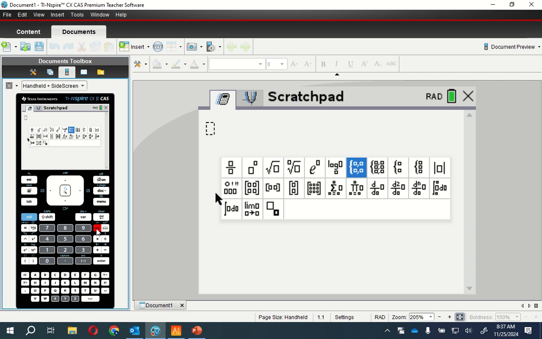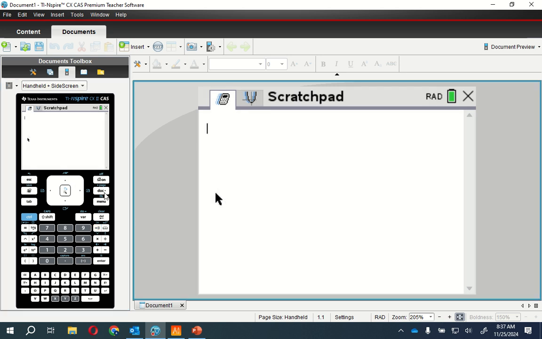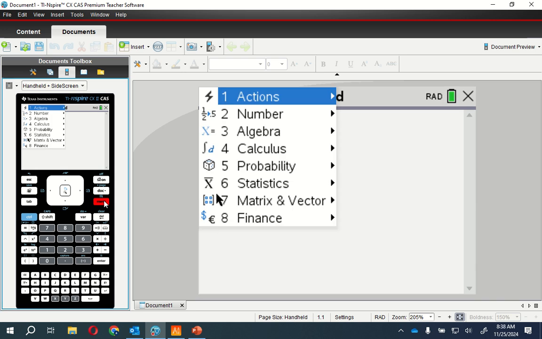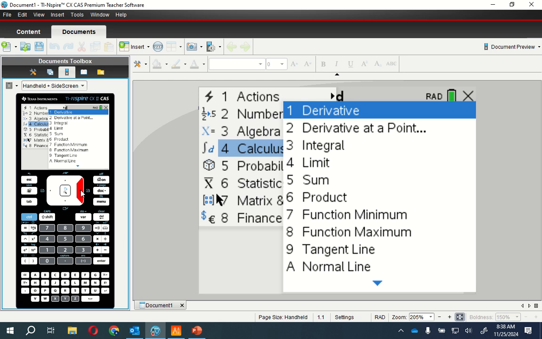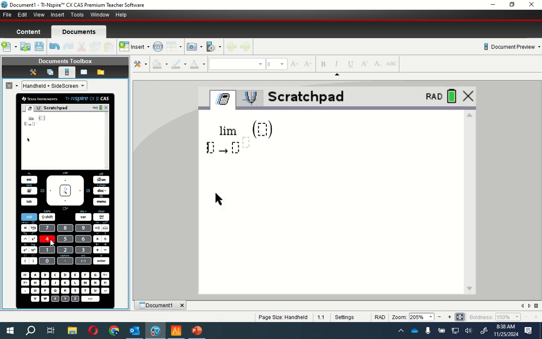This one does have a limit, and I'm looking for it. Let's see. Oh, there it is.